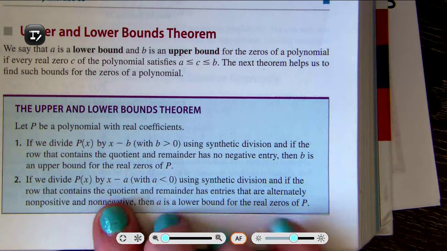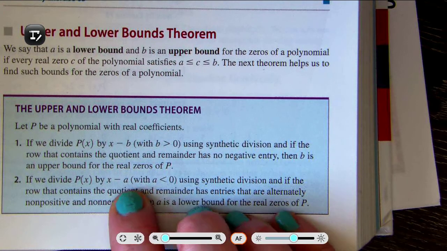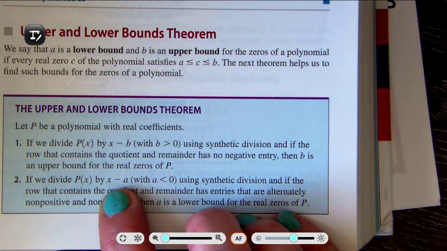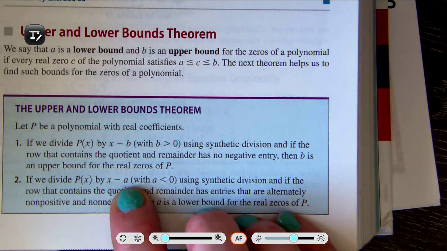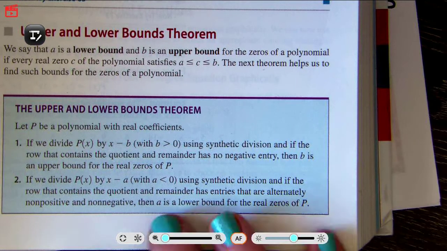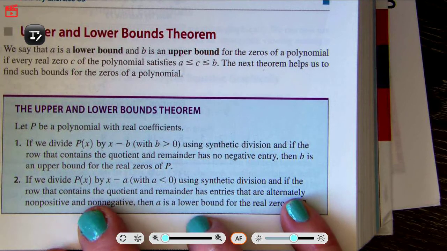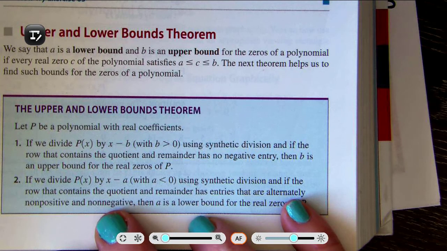If you divide it by x minus a, where a is less than 0, so in other words, a negative, so an x plus 7 or x plus 6 we're dividing by, and we get that it alternates, alternately non-positive and non-negative. So positive, negative, kind of not looking at the zeros.